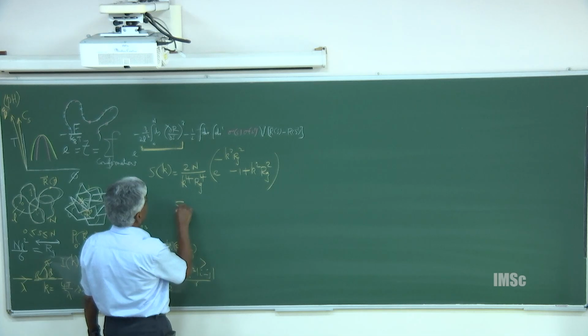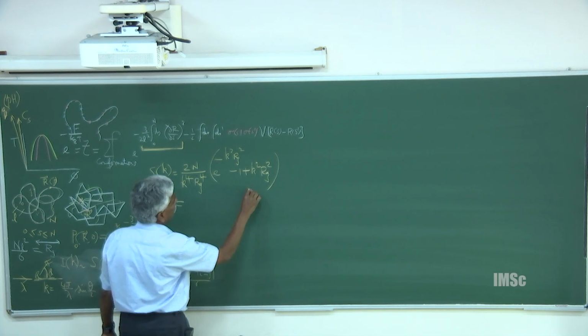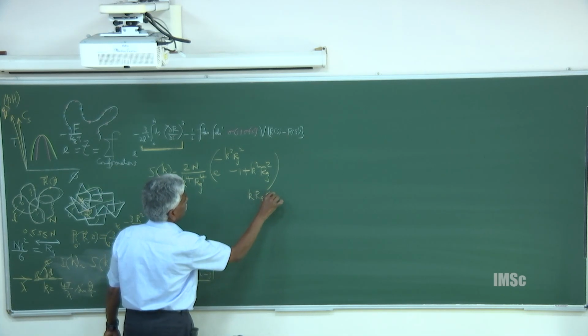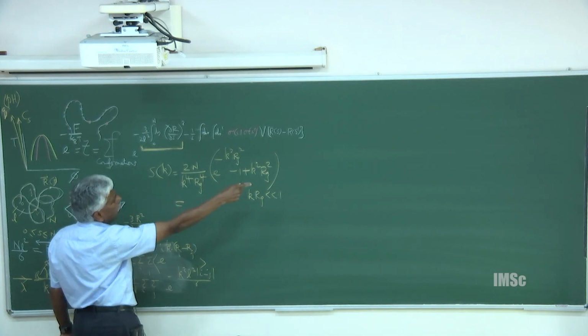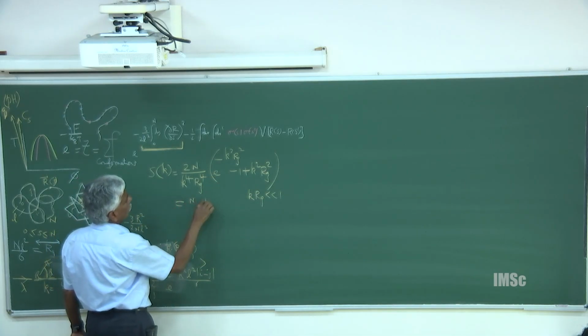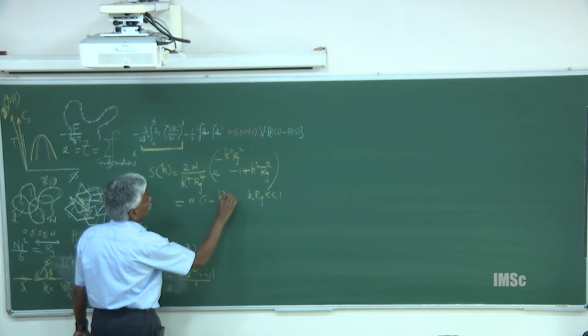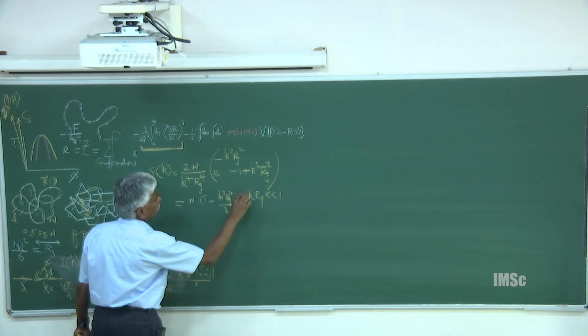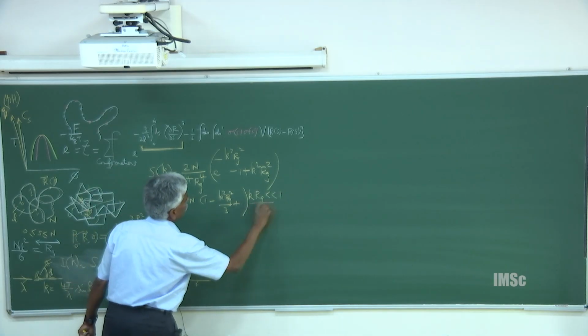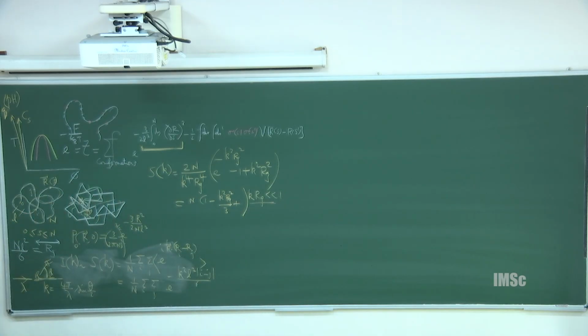Okay, anyway, what's going on here is this. You can expand this for k times Rg much less than 1. You expand this, you will get something like 1 minus k squared Rg squared divided by 3 plus etc. That's what you'll have for that limit. So what you do is you go back to this experimental setup, take theta to be small.